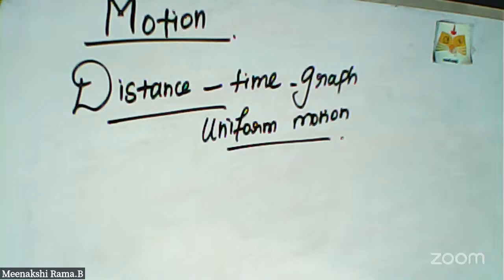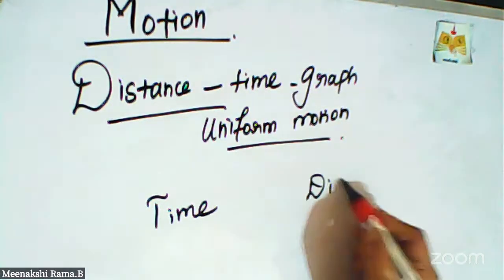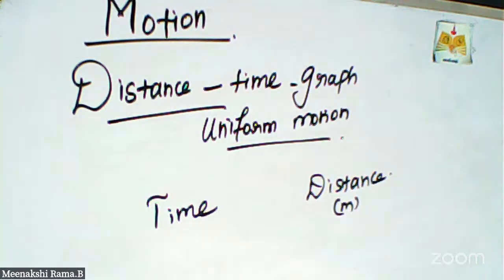So why I said that: in this graph we need time details and then distance details. Okay, so that person is walking on a plain road or in a very good park or open area. So he maintained the time in a proper manner.